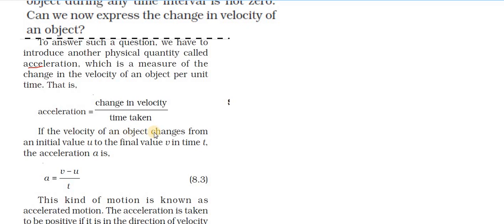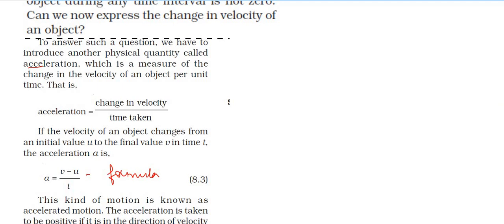If the velocity of an object changes from an initial value u to a final velocity v in time t, then acceleration is given by this formula: a is equal to v minus u by t.